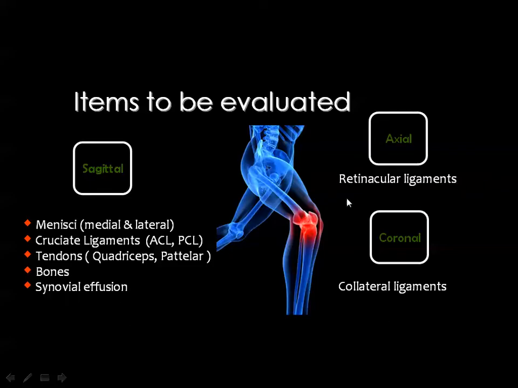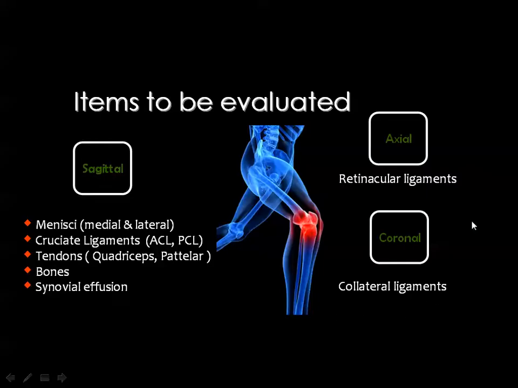Also, we have the retinacular ligaments, and we have also the collateral ligaments. Then, as you can see here, the sagittal images are very important, showing most of the anatomic details in the knee, while we need the axial for evaluation of the retinacular ligaments, and we need the coronal for evaluation of the collateral ligaments.